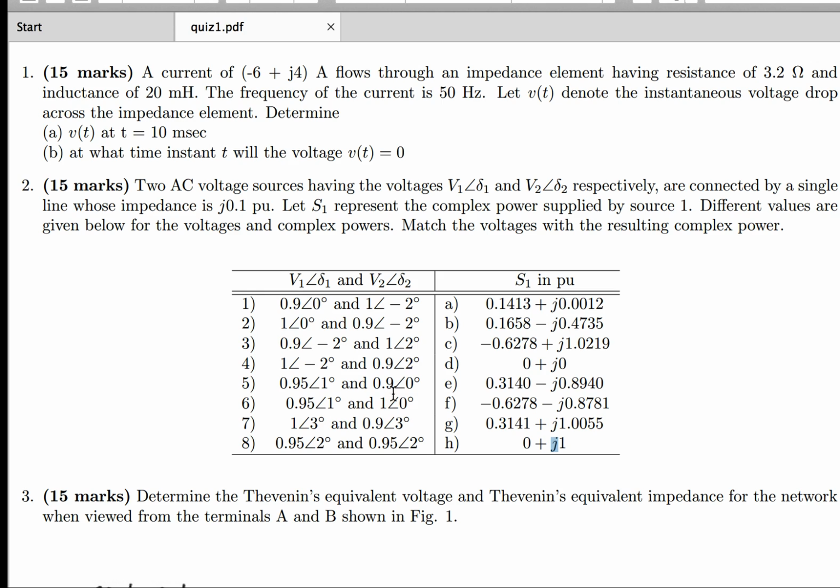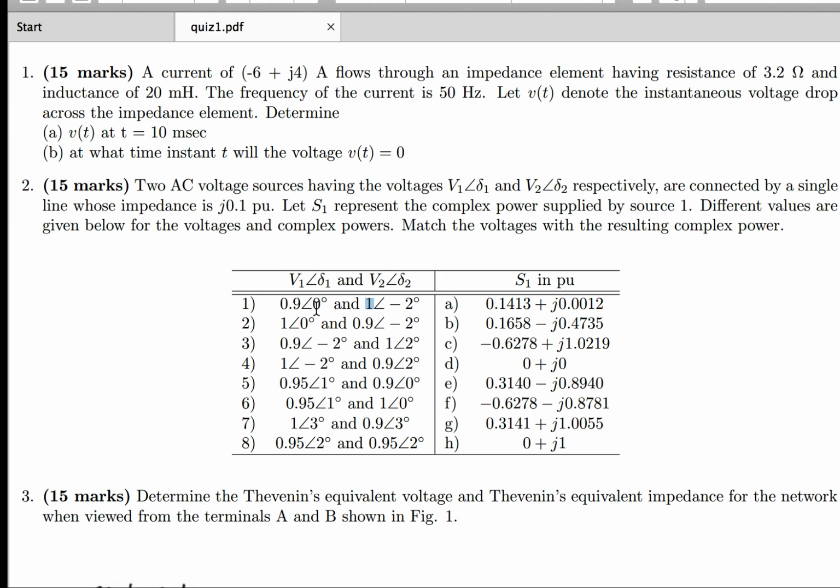Now let's look at the other choices, starting with the first one. Here we have 0 and minus 2. Minus 2 is less, so the active power will be positive. For choice 1, I should look at all the answers where active power is positive, and if I look here, I get A, B, E and G. Whereas the V1 voltage is less and the V2 voltage is more, so reactive power will be negative.